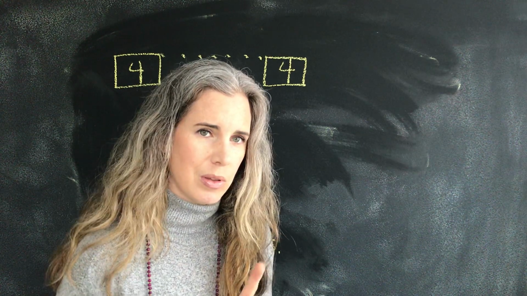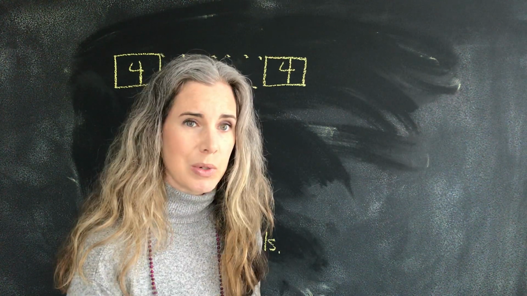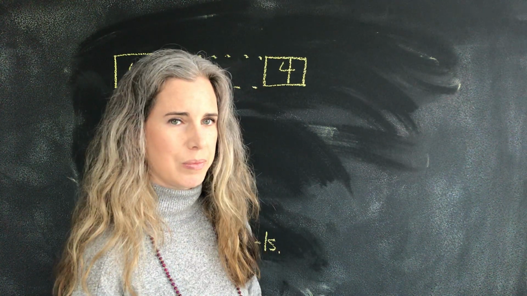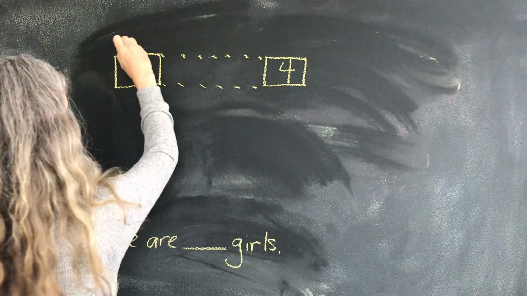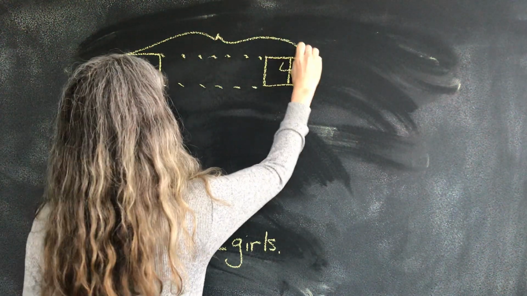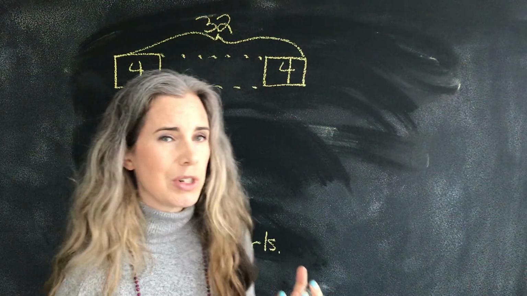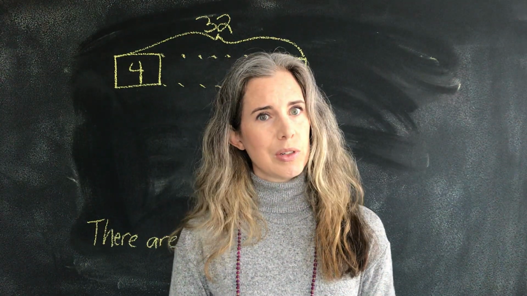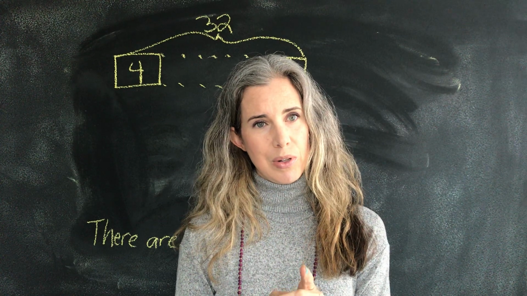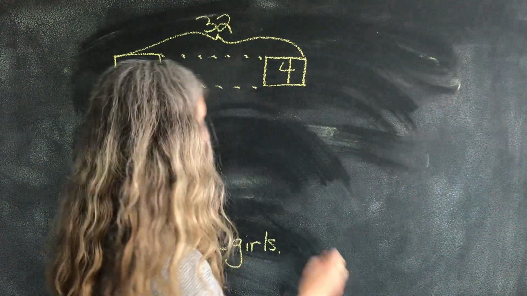Now label the whole. Label your 32. Where does that go on your bar model? Okay, so 32. 4 to go to each girl. Now put your question mark in the bar model to show what you solve for.